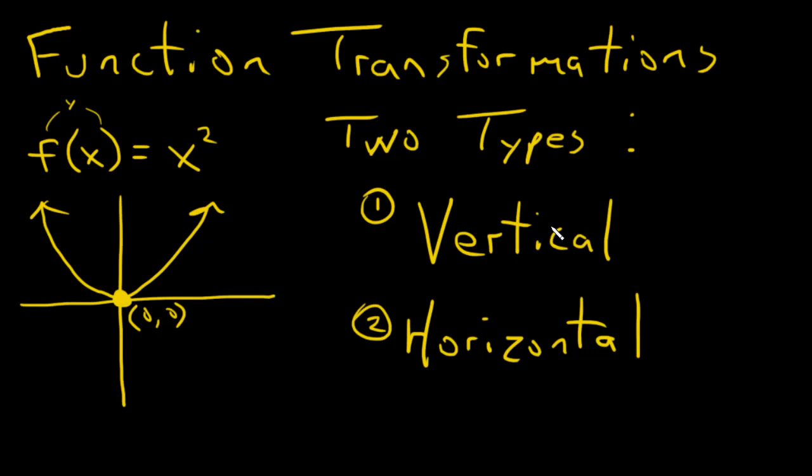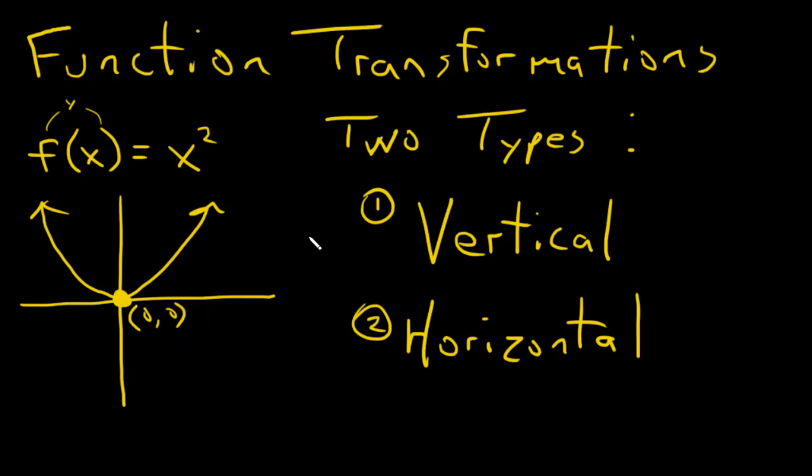So first thing, what do I mean by vertical transformations and horizontal transformations? Well, if I take my function and I want to shift the function vertically, or maybe stretch or shrink it vertically, or reflect it, all sorts of things, that's a vertical transformation.